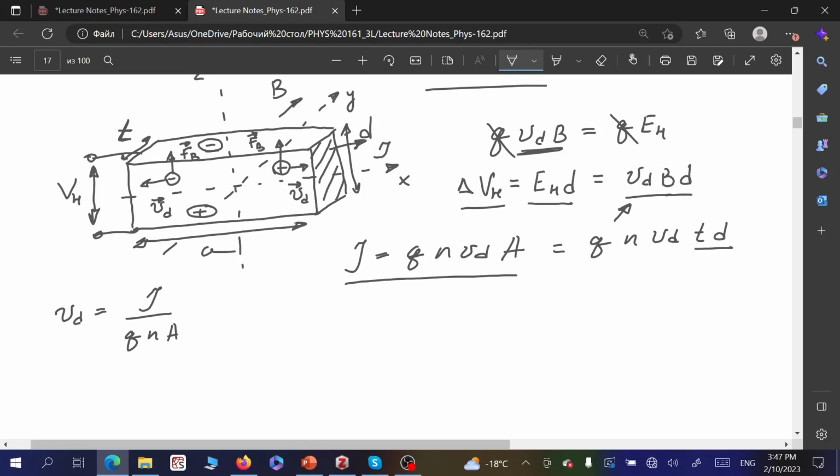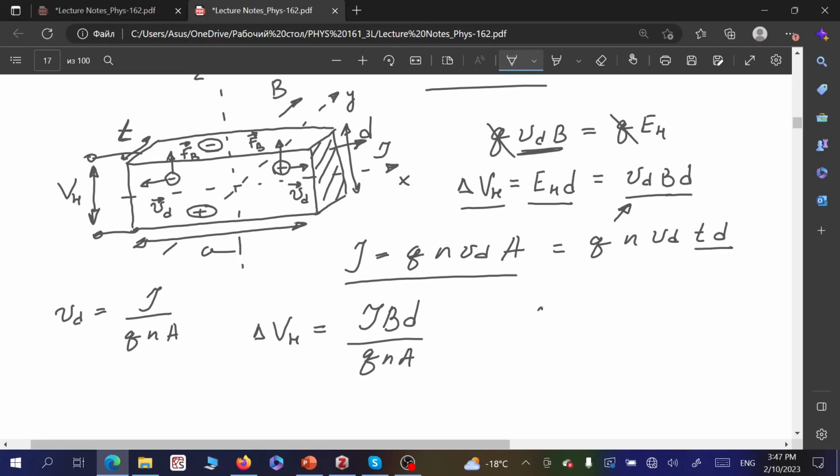So now we can write that the whole voltage is equal to I times B times D over Q N A. So I, the electric current divided by the cross-section area of the conductor, gives us the current density.